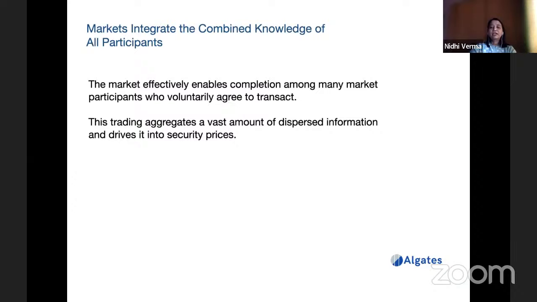A lot of people around the world are voluntarily trading in the market, on their own, with their own perspectives on the market, and they are placing orders. This information coming into the market from all these people is driving the prices, right? So a lot of knowledge is already incorporated in security prices.